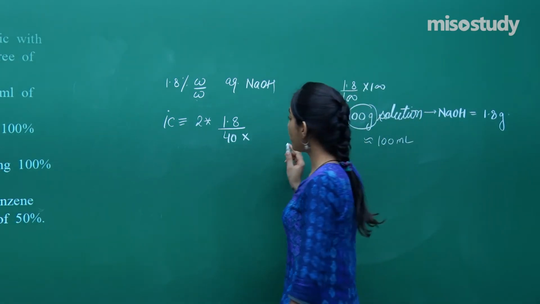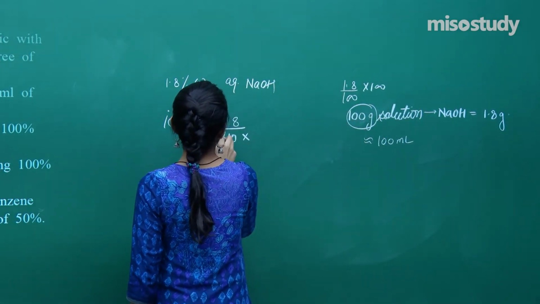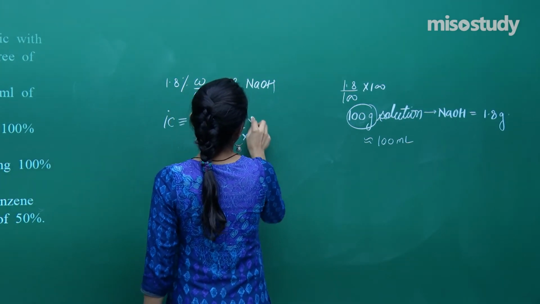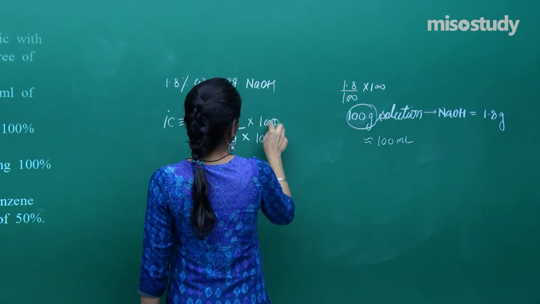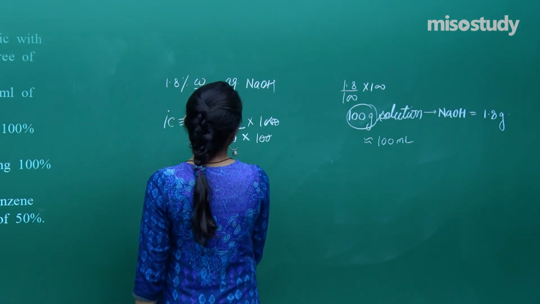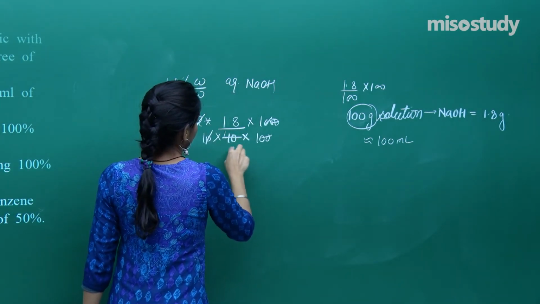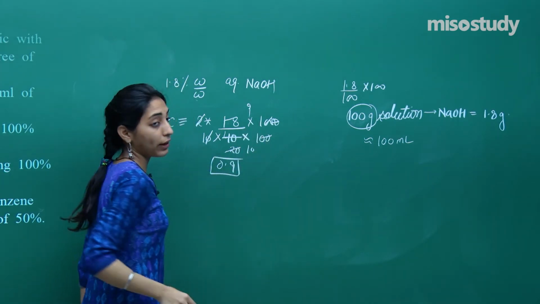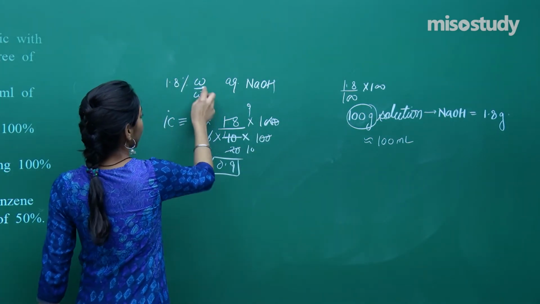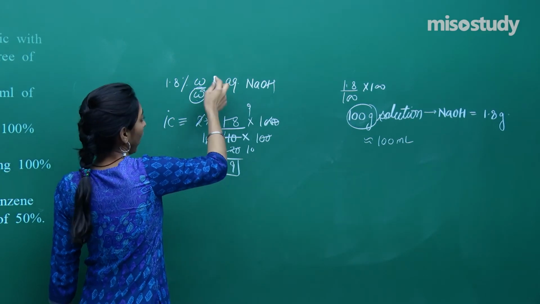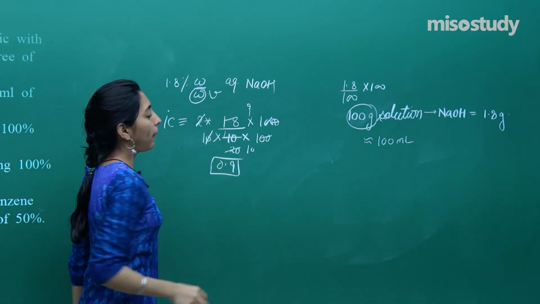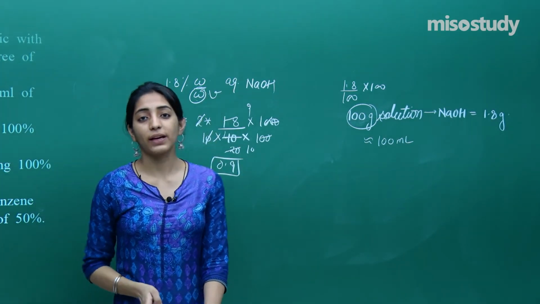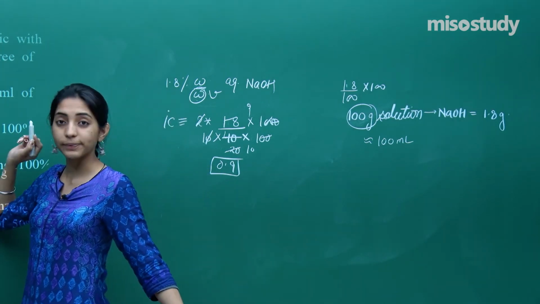So 100 divided by 1000, the 2s and 1 will cancel. So approximately it is coming to be 0.9. Or else I would have corrected the question if it had been given W by V, which would also be the same thing. So even this will be isotonic.